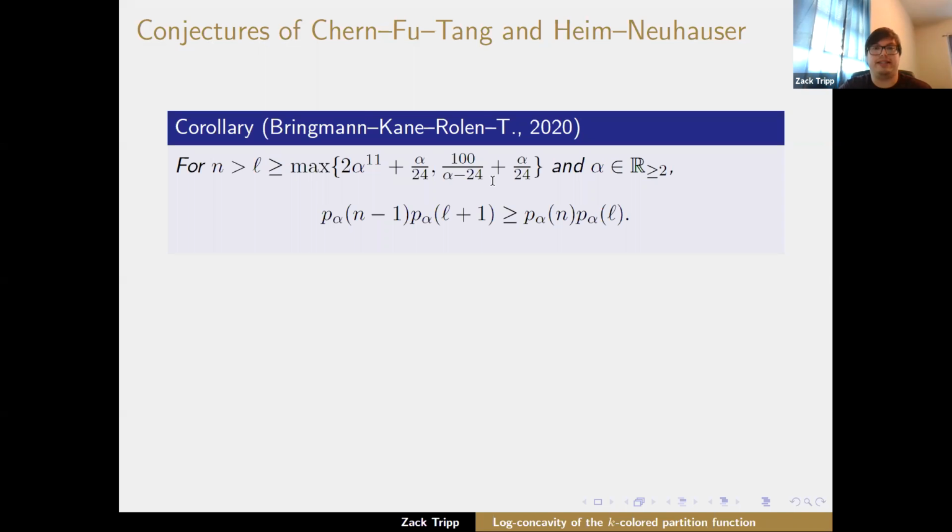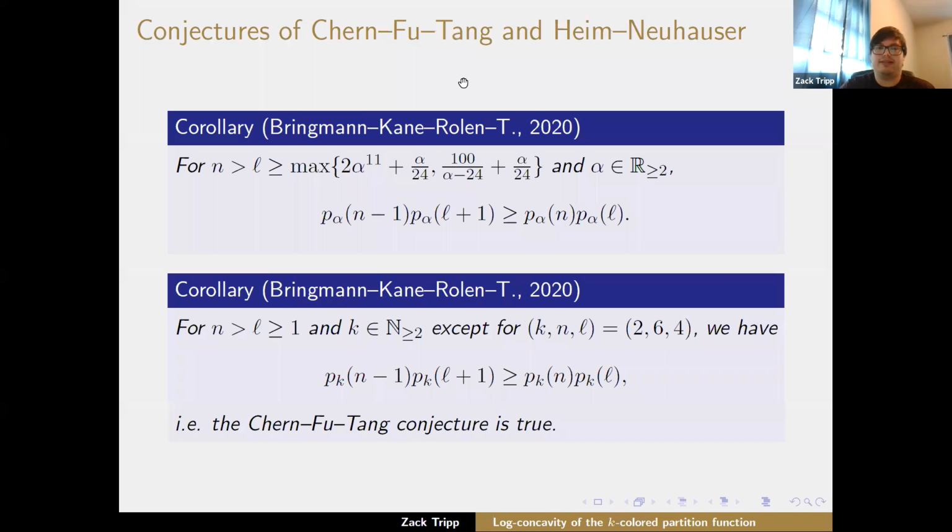You might think the next result should be that the Chern-Fu-Tang conjecture is true explicitly for 2, 3, 4, and 5. But it turns out that we were able to prove the entire conjecture just using this corollary and some computer checks.